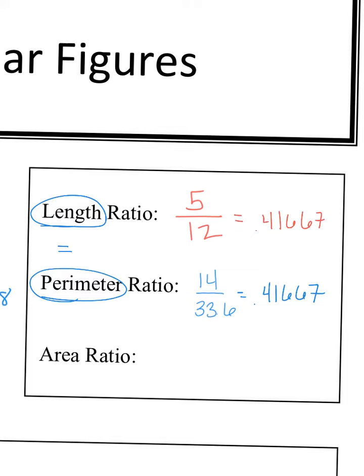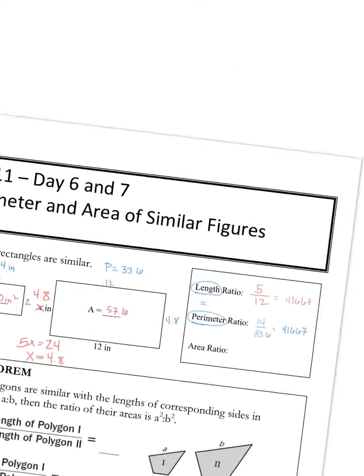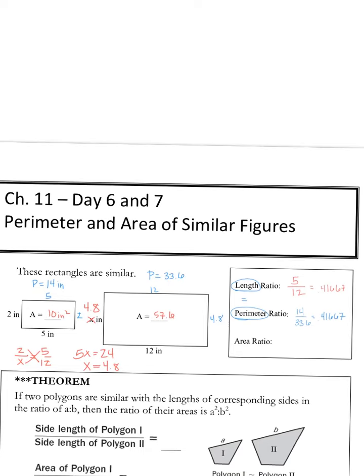Think about it in units. When you're talking about length, we just have inches, we just have feet, we just have centimeters. When we have perimeter, you still have inches, centimeters, feet. We just have units. Now, what do we do when we find area? What are my units? Units squared, right? So, our area is 10 over 57.6.